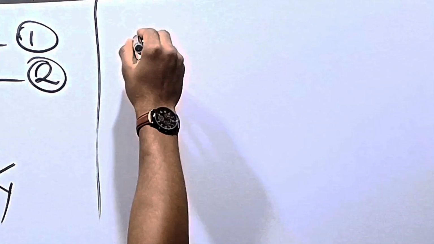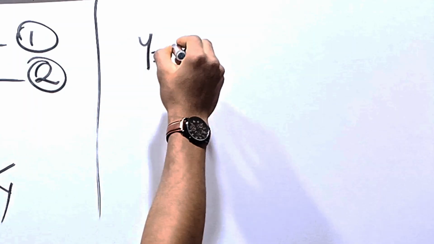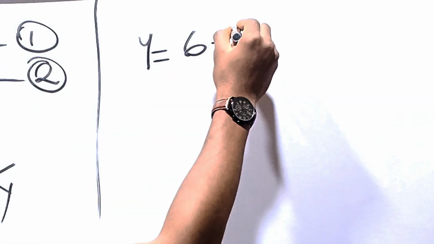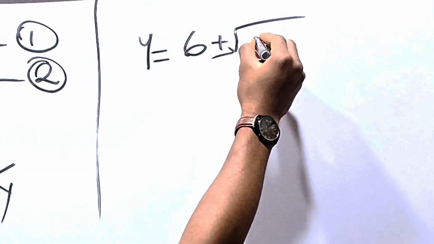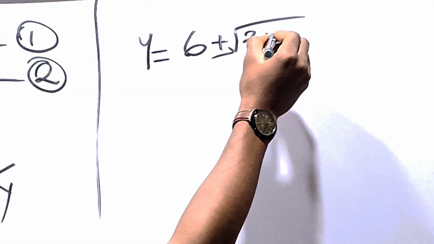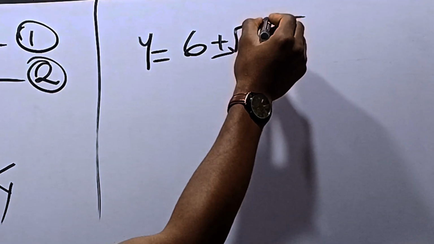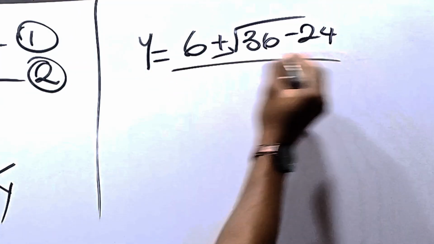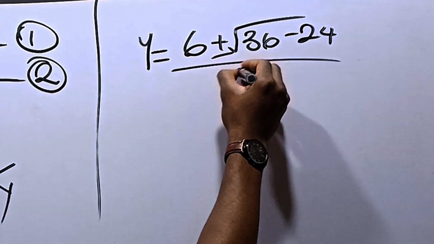Moving on, we have that y will become equal to minus negative 6, which is plus 6, plus or minus square root of 6 squared, which is 36, minus 4 times a times c, which is minus 24, all over 2a, which is 2 times 1, which is 2.